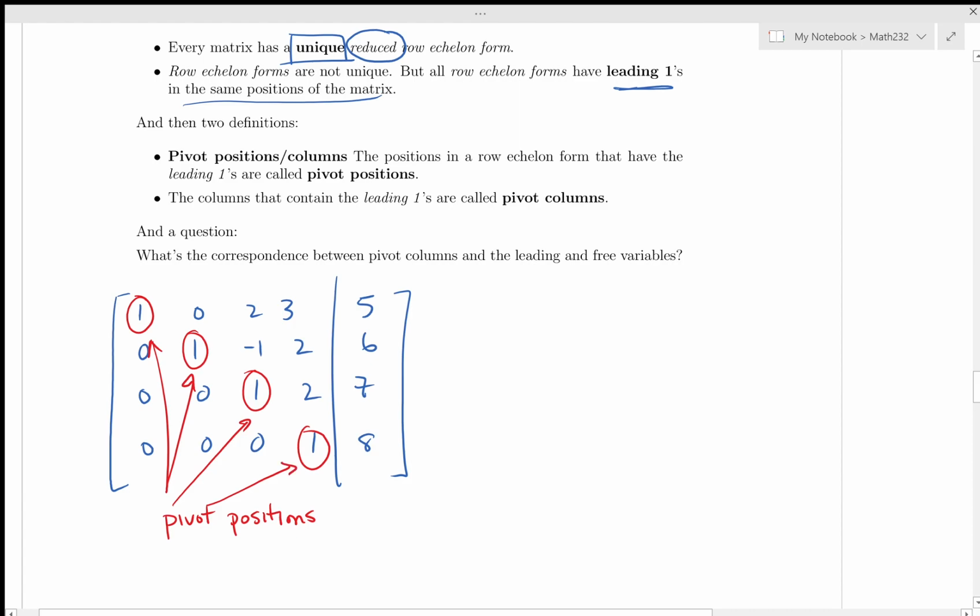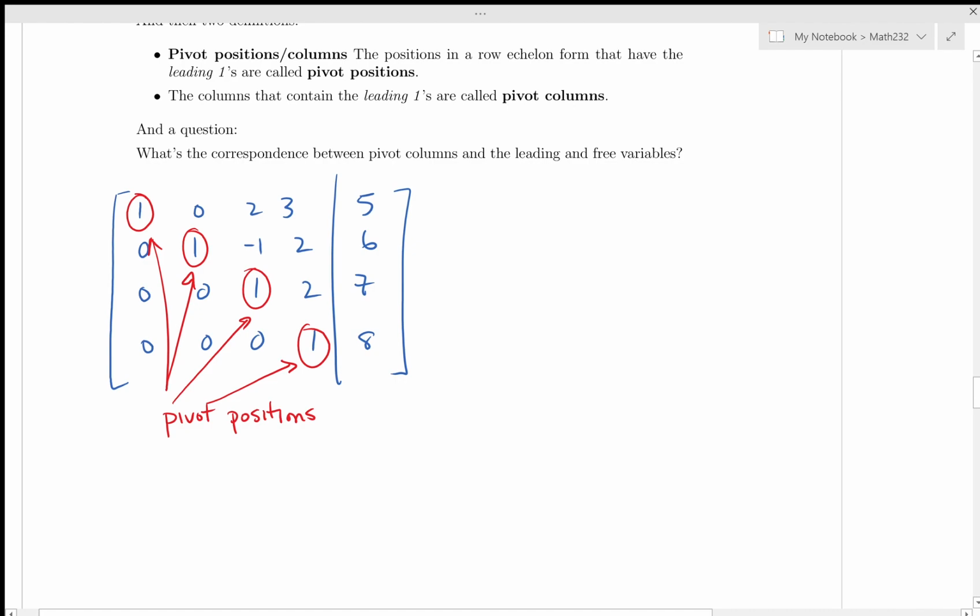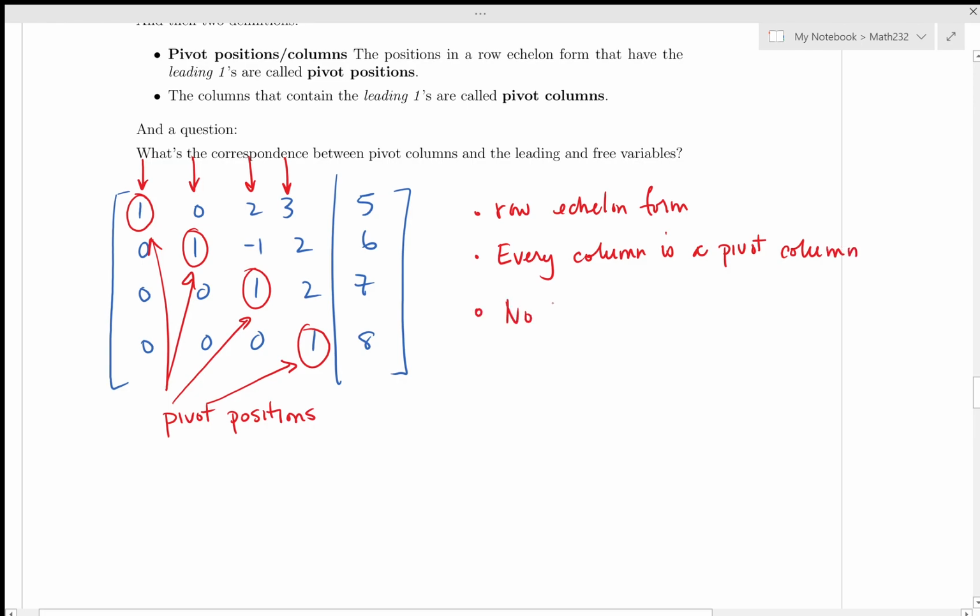And the pivot columns are these columns, so column 1, column 2, column 3, and column 4 are pivot columns. Every column is a pivot column, and there are no free variables.